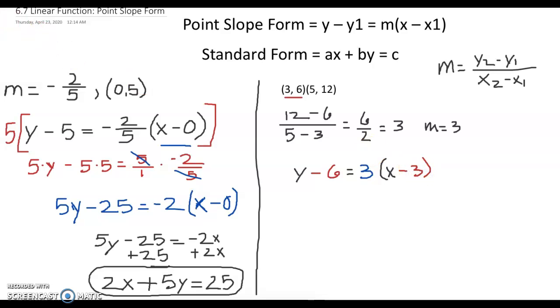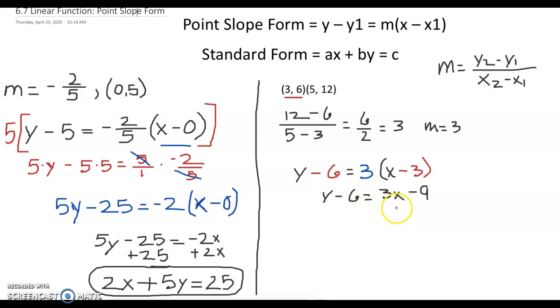We're going to break it down and work the problem out, and we're going to distribute first. So we get y minus 6 equals 3x minus 9. Then we're just going to move the constants around, and then we're going to get our answer.